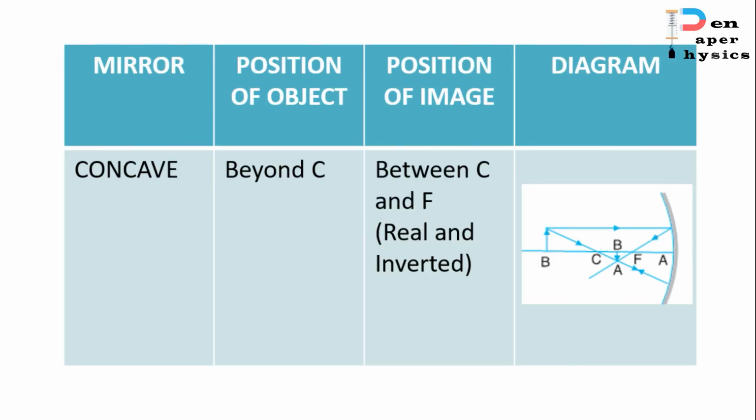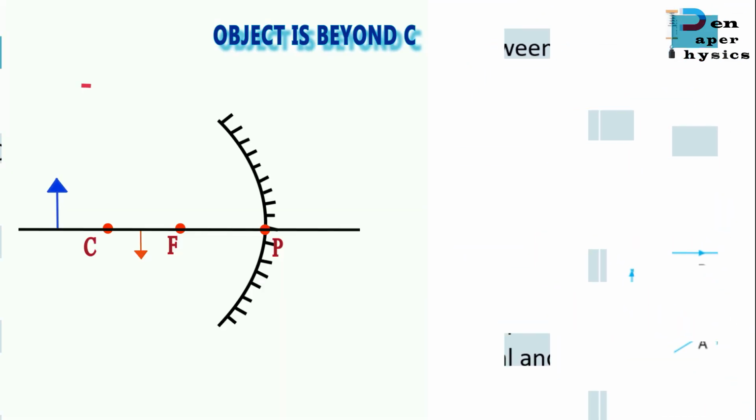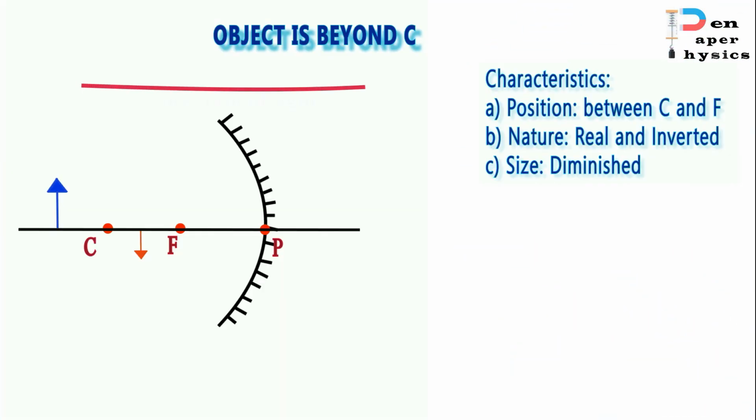Next ray diagram is the object is beyond C. In that case, the image is produced between C and F, and the image is real and inverted. Here also, first I am showing you the direction of light, which is towards the right side, and the object and image are already drawn over here.